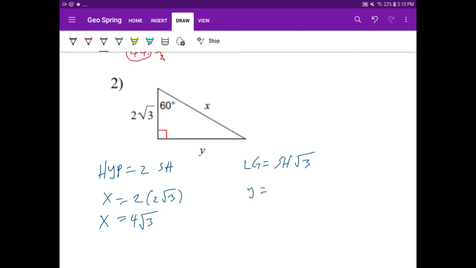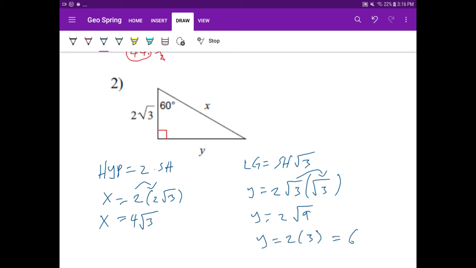Y equals short times square root of 3, oh yeah, because this is going to come up here anyway. So over here, these 2's can go together. And then over here, the 2 doesn't go with that, the 3 goes with this. So y equals 2, 3 times 3 is 9, and square root of 9 is 3. So y equals 2 times 3, so that's 6. There you go.